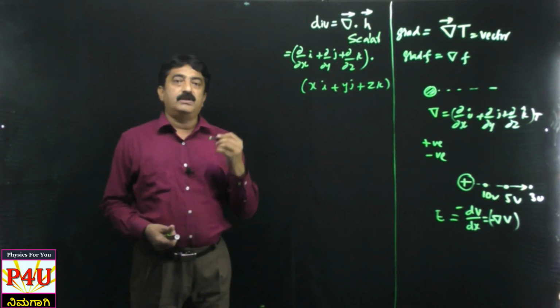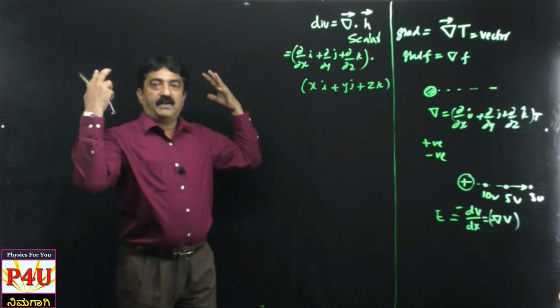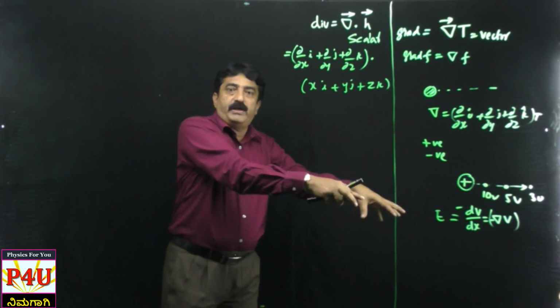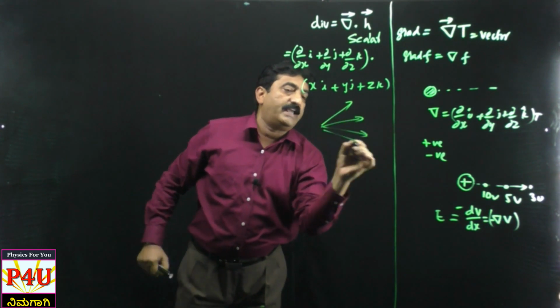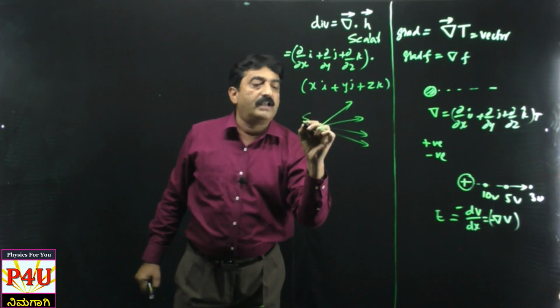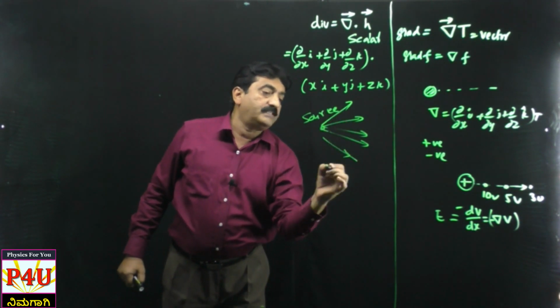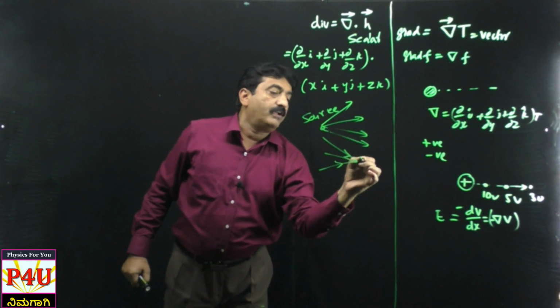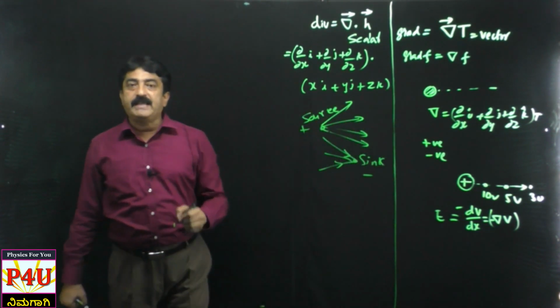Divergence can be positive, can be negative, can be zero. Positive means outward flux, negative means inward. That means if the flux is diverging from a point, the point can be called a source. If the flux is converging at a point, we call it a sink. Positive means source, negative means sink.